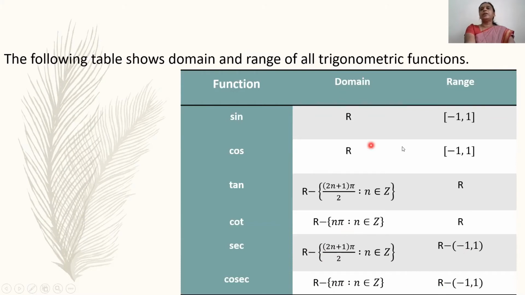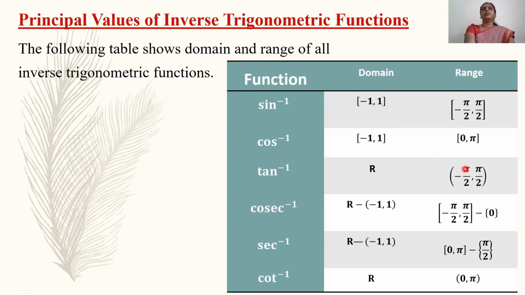This is the domain and range for trigonometric functions. Do you remember this? Then we will see the domain and range for inverse trigonometric functions, and then we will see what is meant by principal values of trigonometric functions.